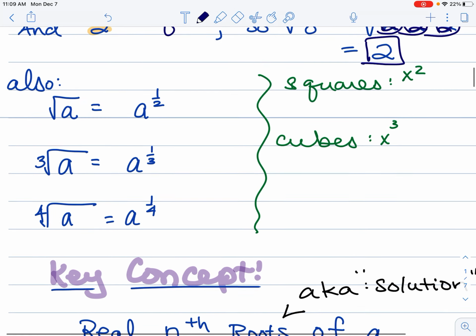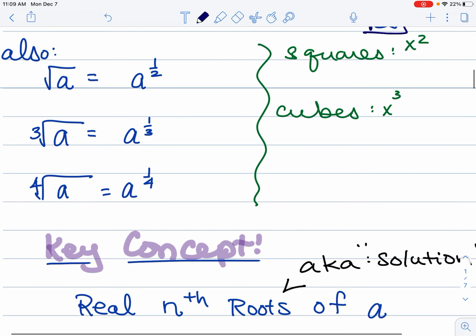Also, we're going to talk about this a little bit more, but the root of a is also a to the exponent of 1/2. The third root of a is a to the 1/3. And the fourth root of a is the same as the exponent of 1/4 on a.